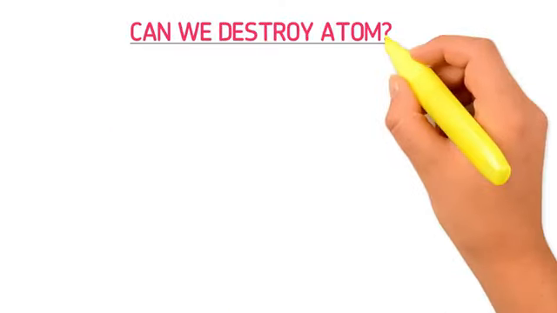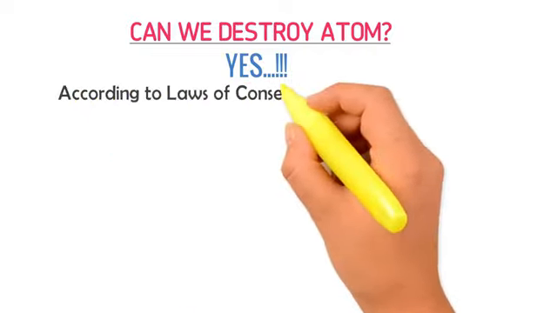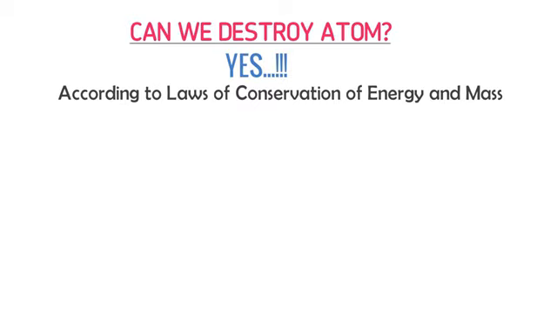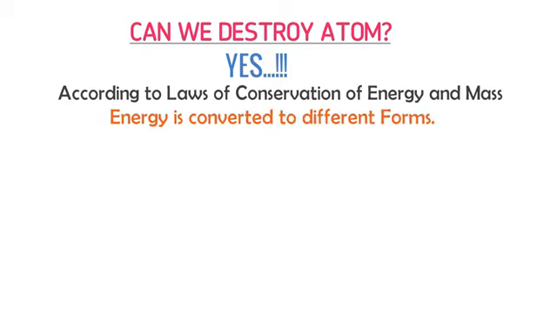The last and fourth question you should learn is, can we destroy an atom? Well, the answer is yes. We can destroy an atom according to the laws of conservation of mass and energy. An atom can be destroyed in the sense that its energy is converted completely to different forms.